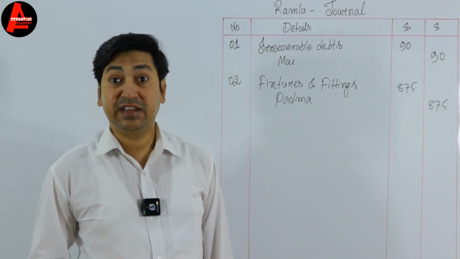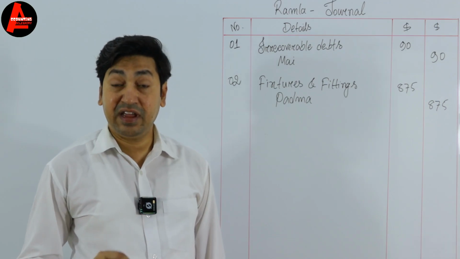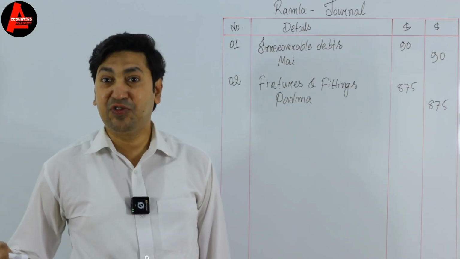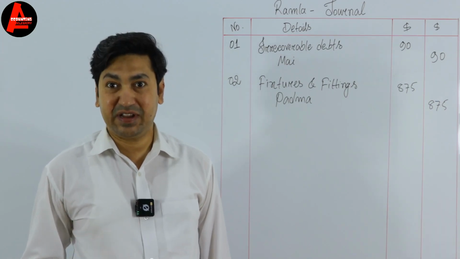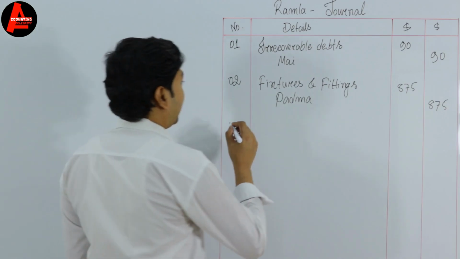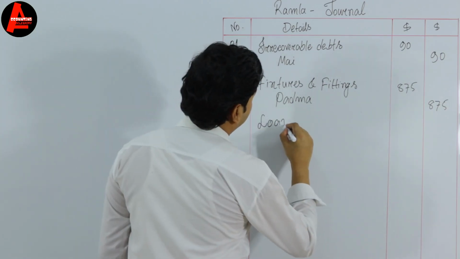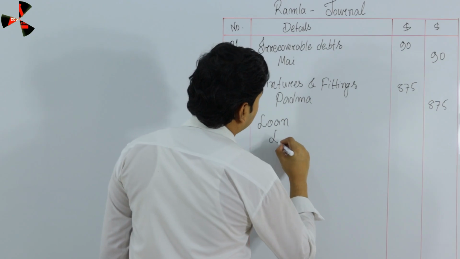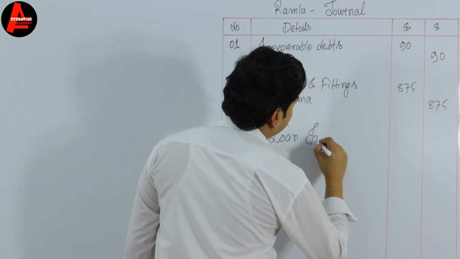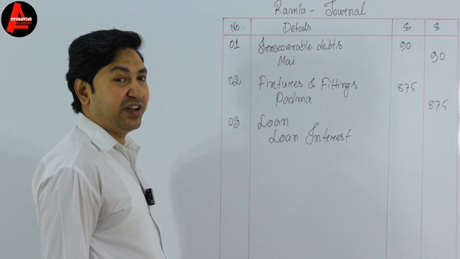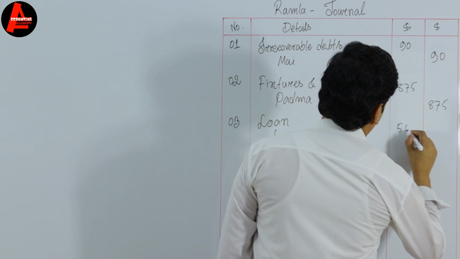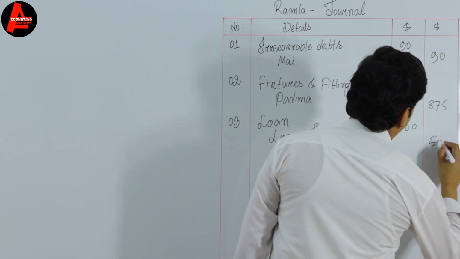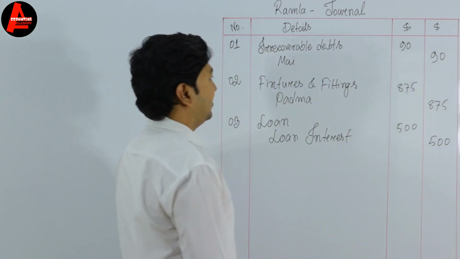So now as interest account is debited incorrectly, it will be credited to rectify, and loan will be debited. So let us write here number 3, loan account to be debited and loan interest account to be credited. The amount is $500 on the debit side and the same amount on the credit side. Number 3 is done.